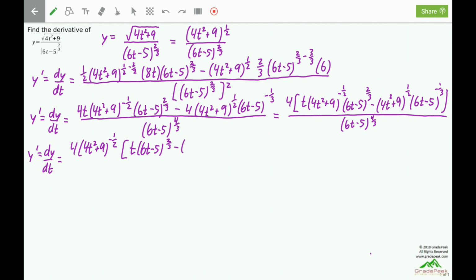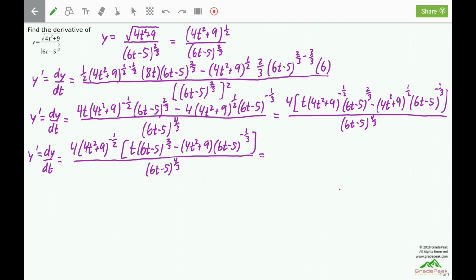And we should have a minus 4t squared plus 9, which will now be to the 1 power because I subtracted a negative 1/2 or added 1/2 to it. And then I have a 6t minus 5, and that'll be still the negative 1/3. We haven't changed that just yet. And all of this is over the 6t minus 5 to the 4/3 power.